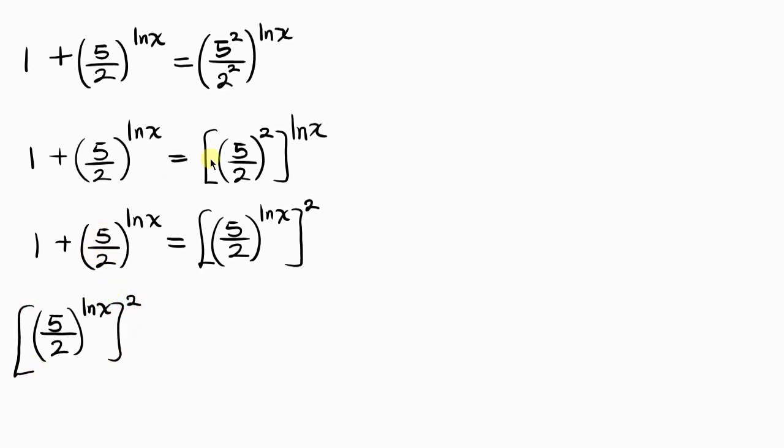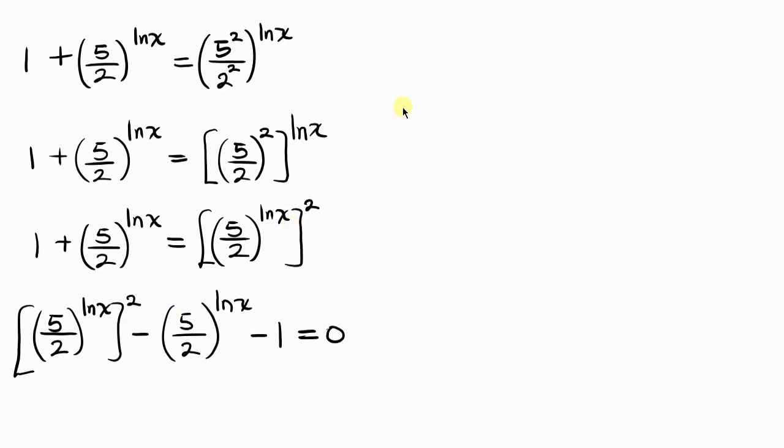Now when I move this to the right, it becomes minus 5 over 2 to the ln x, and when I move 1 to the right, it becomes minus 1, and this is equal to 0. Remember, this is a quadratic equation in 5 over 2 to the ln x.